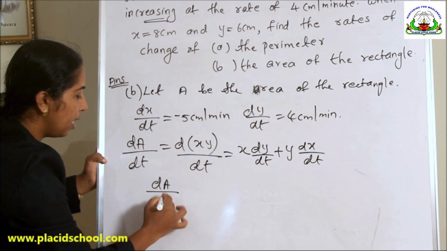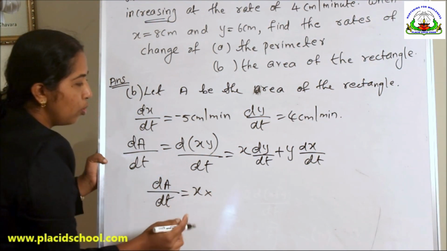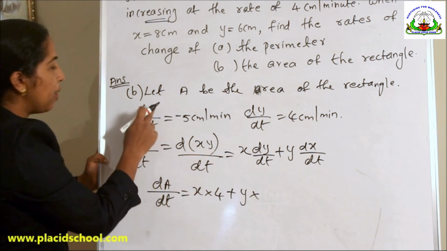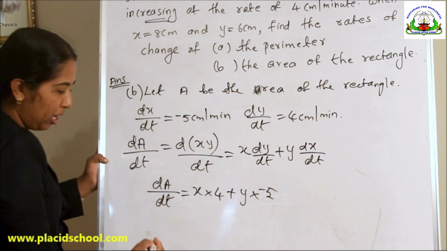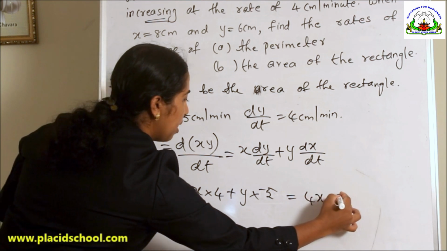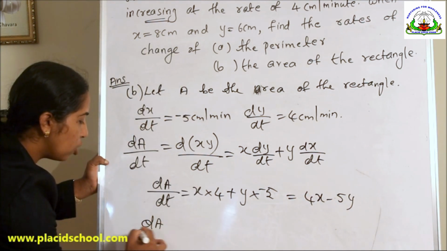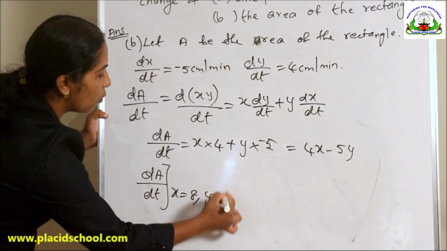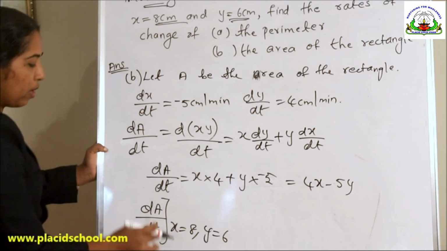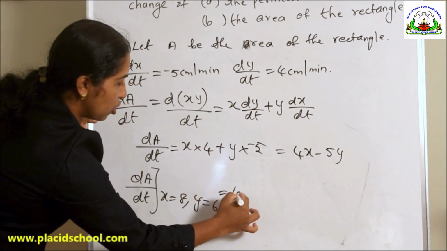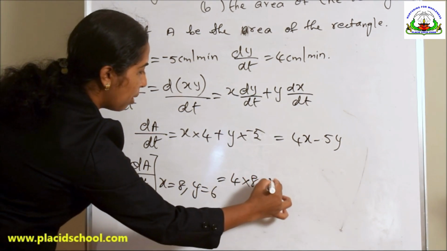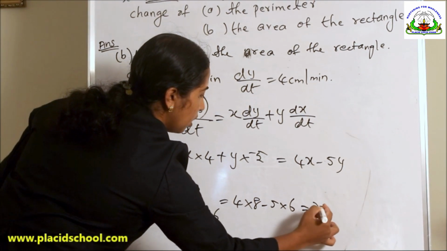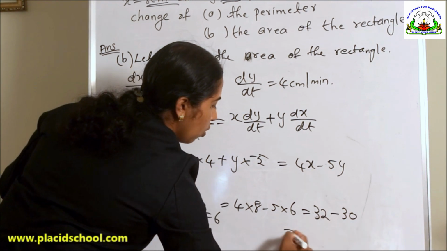Hence dA by dt is equal to x into, in the place of dy by dt you can substitute 4, plus y into, in the place of dx by dt you can substitute negative 5. So this is 4x minus 5y. Therefore, the rate of change of area with respect to time when x is 8 and y equal to 6, as given in the question, is 4 into 8 minus 5 into 6, which is 32 minus 30, which is 2.